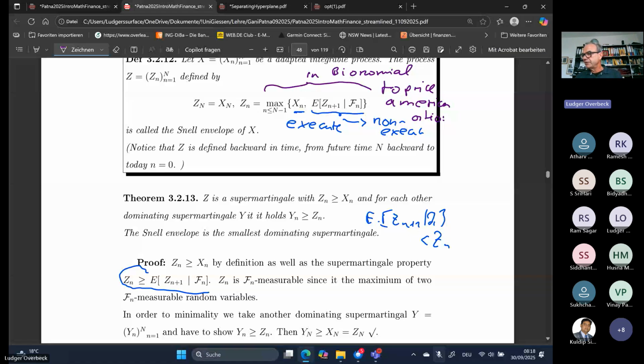Of course, this value depends on the F_n. You start with a stochastic process X_n, which is adapted to a filtration F_n, and for this you define it. These will be different for different filtrations F_n. Of course, you are correct. X_n might be adapted to different filtrations.